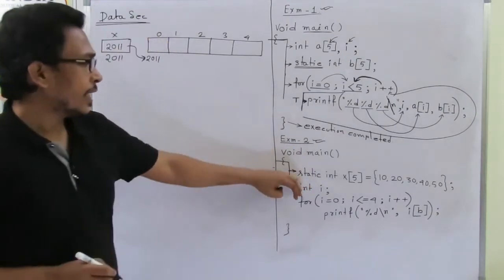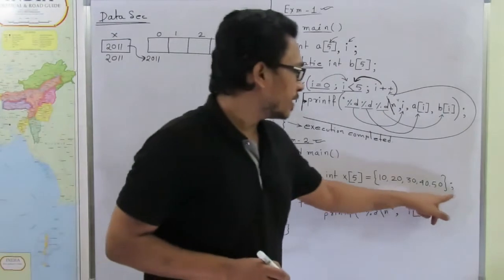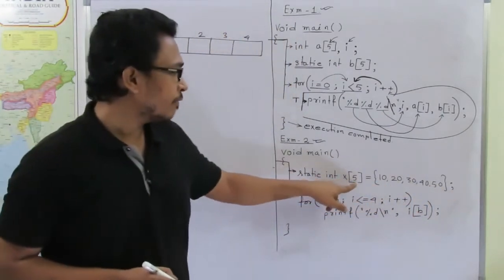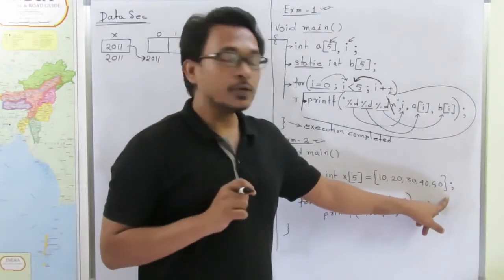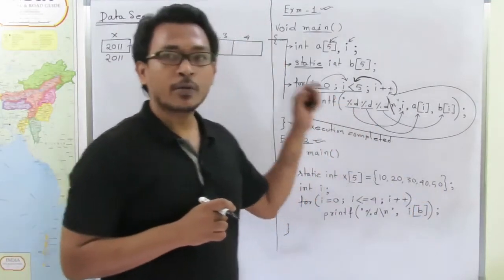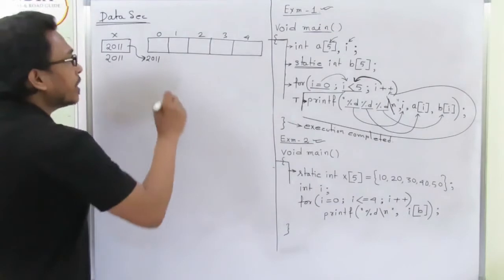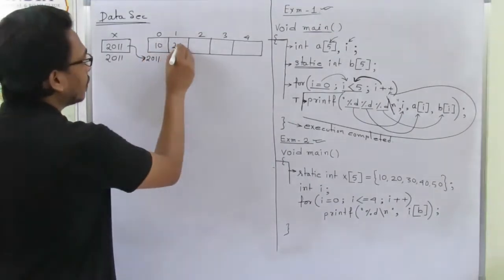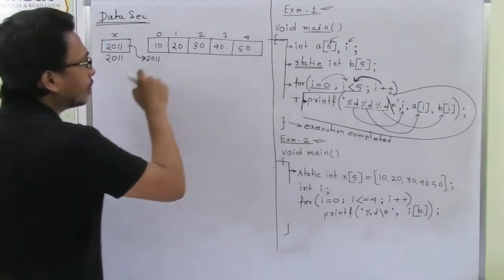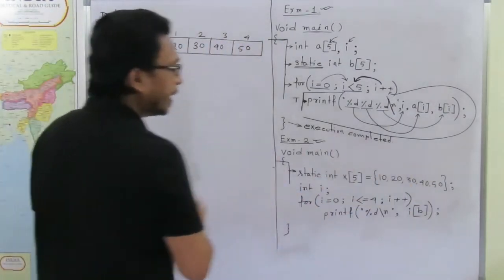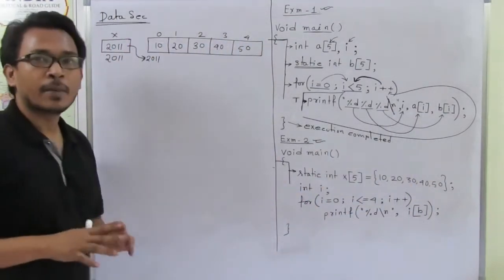Here in this declarative statement we already initialized all the elements. The range is 5 and we initialized 5 elements. So what will the system do? The system will store each element one by one in the array: 10, 20, 30, 40, 50. Now these 5 elements are stored in the array. That means the memory allocation part is completed now.